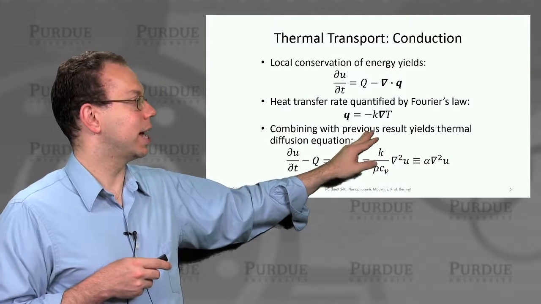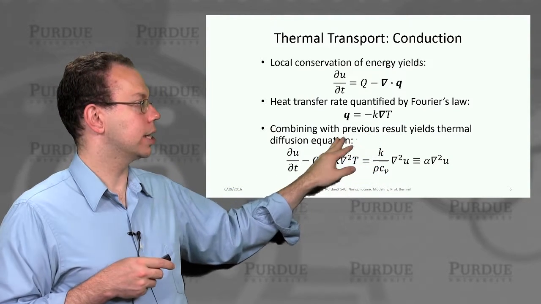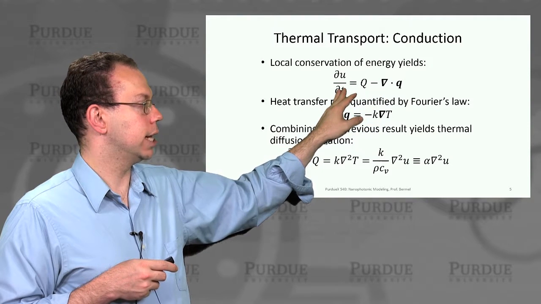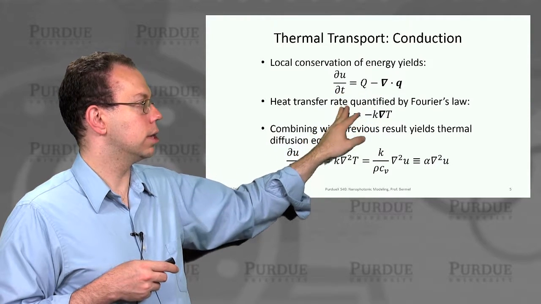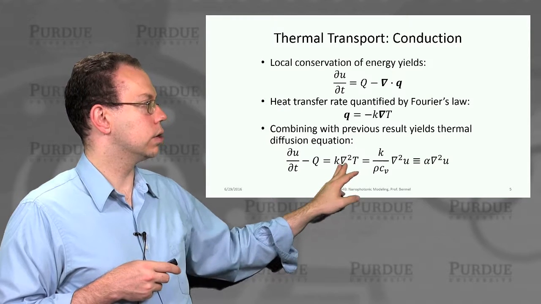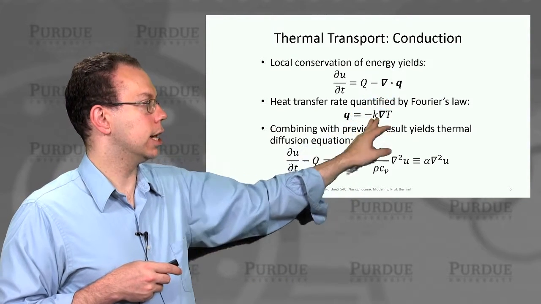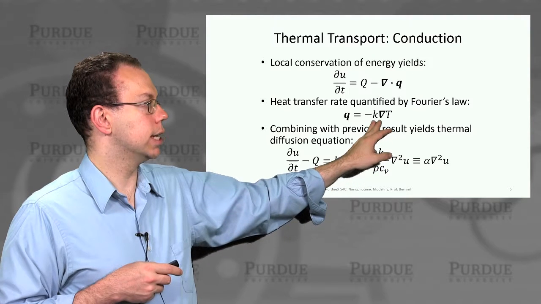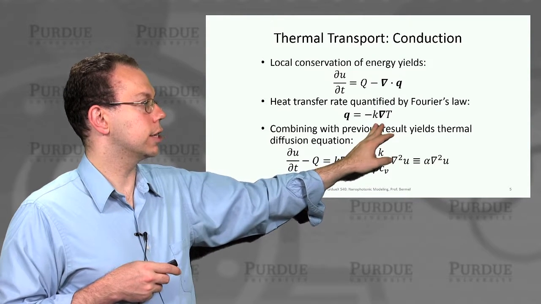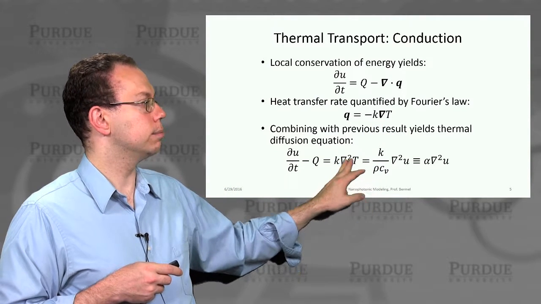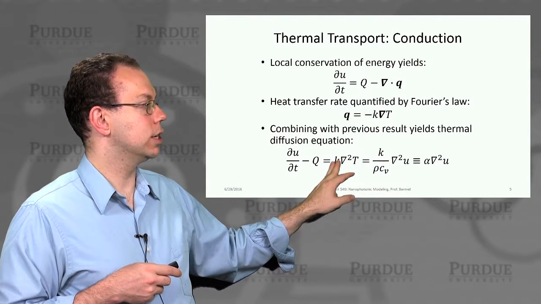So then when you combine these things together, you actually get this Q on the other side, so minus Q plus du dt is equal to the minus divergence of Q, which again is minus divergence of T. So actually you get 2 factors of divergence, which looks like a Laplacian, times K, and the 2 minus signs cancel each other.